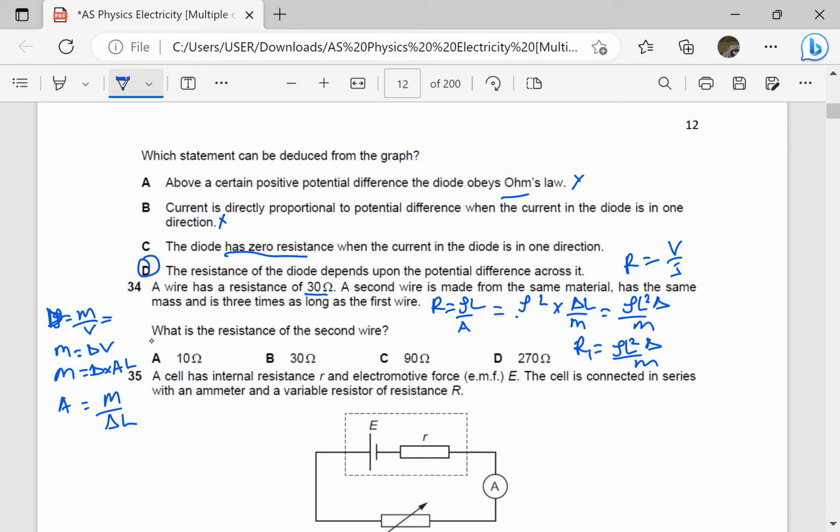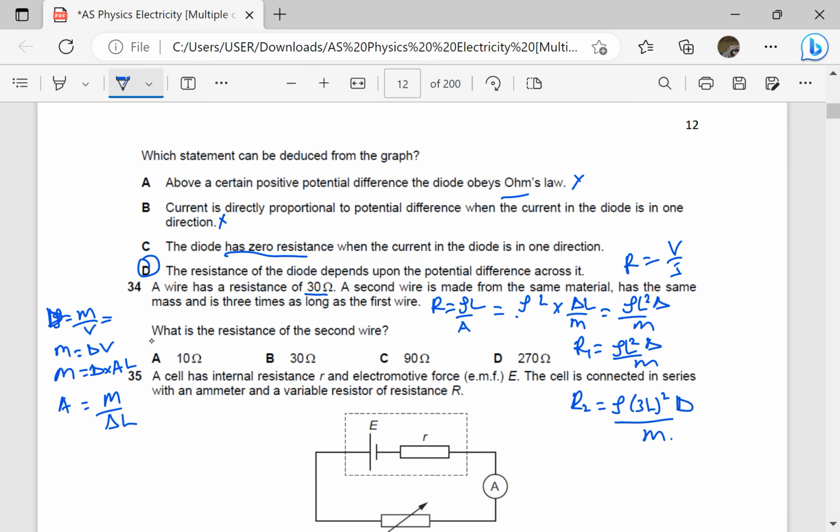So this is the first wire. So the second wire is going to be: resistivity is the same, length is 3 times. So we shall have 3L squared, and D is the density, which is the same because it is from the same material, and the mass is also the same.